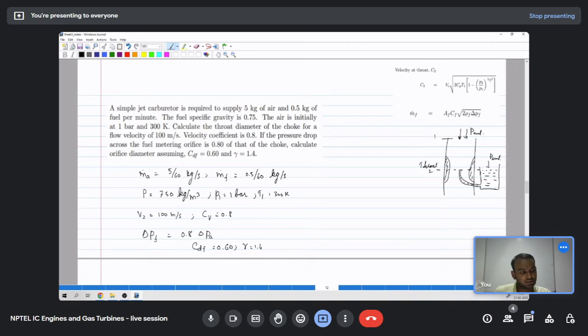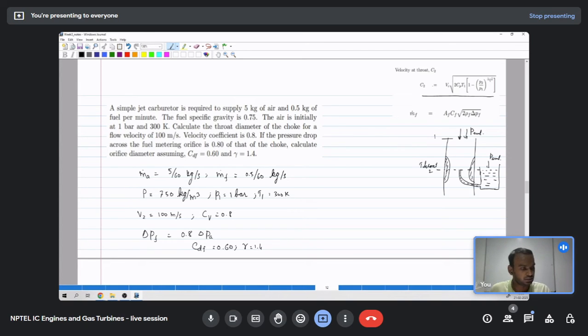That means kinetic energy can be converted to enthalpy, or enthalpy can be converted to kinetic energy. So here enthalpy is converted to kinetic energy at throat 2 because the velocity increases, and the velocity at 1 is very low, so we assume that the velocity at 1 is almost 0, and then we will get the expression like this.